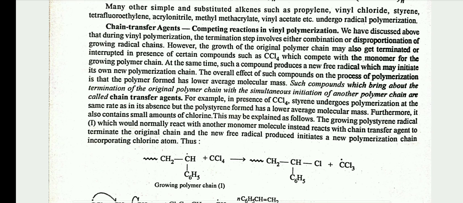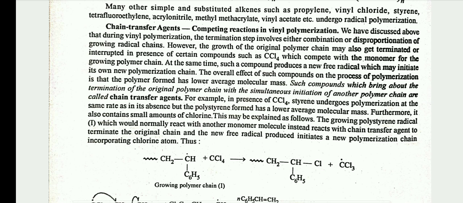Chain transfer agents. Competing reaction in vinyl polymerization. We have discussed above that during vinyl polymerization, the termination step involves either combination or disproportionation of growing radical chains. However, the growth of the original polymer chain may also get terminated or interrupted in the presence of certain compounds such as CCl4, which compete with the monomer for the growing polymer chain.